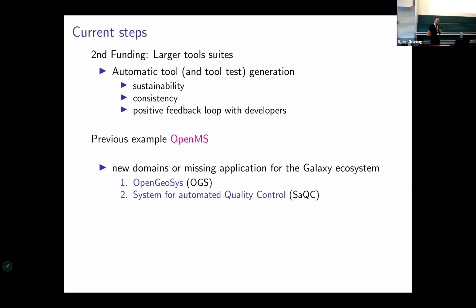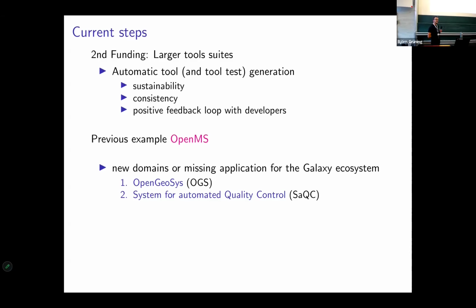And while you have finished, the tool developers already created the next version, and then you start from scratch. So this won't work. So I always thought that for such cases, an automatic way to generate tools and tool tests could help here to have a sustainable life cycle of such tools.